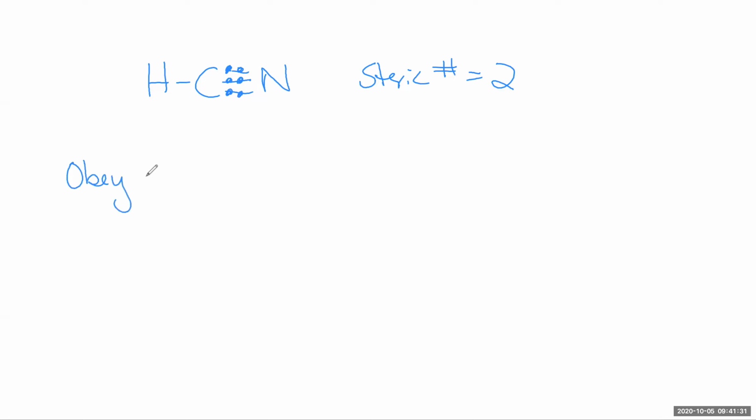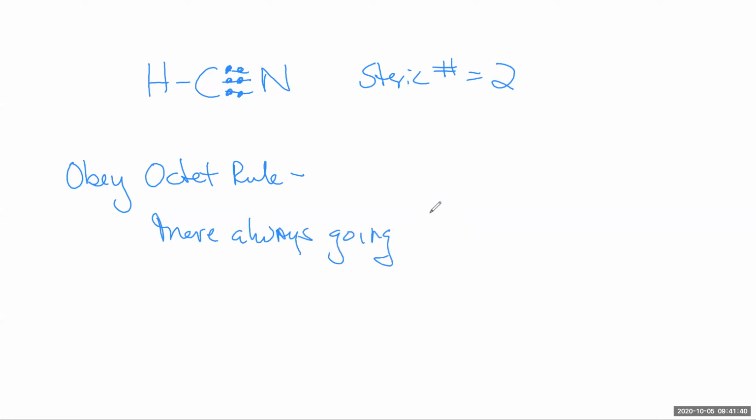And if you always obey the octet rule, there's always going to be four pairs of electrons, except for hydrogen, right?